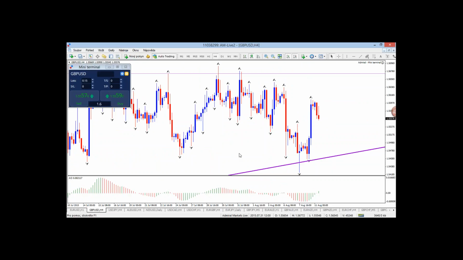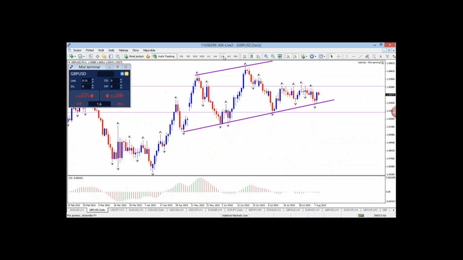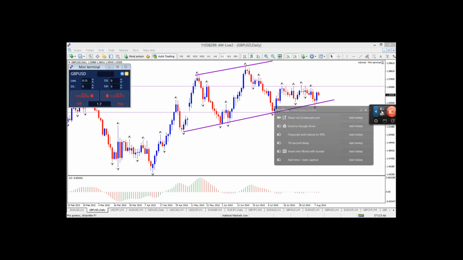All right, pound dollar. The 1.08 level of the euro dollar is basically the same as the pound dollar 153.30-ish.